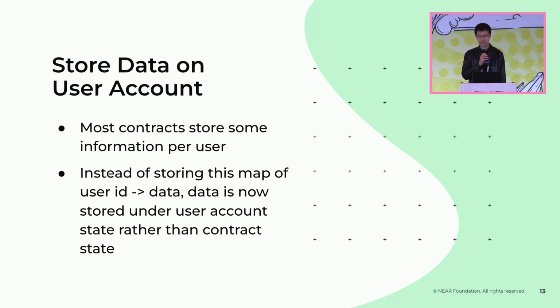How do you make sure that we can actually store data on the user account rather than on the contract account? Generally, the idea is that if you have a pretty expensive contract, meaning that you have a lot of users or a lot of transactions hitting the contract, it's usually because you store some information per user.